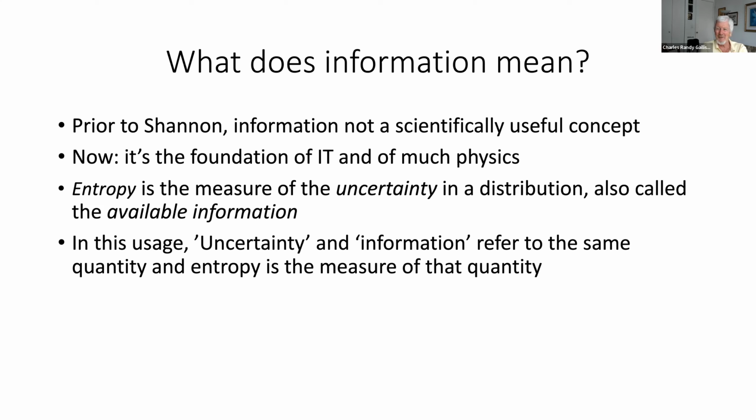Okay, so already you say, well, wait a second. I think intuitively, uncertainty is more or less the opposite of information. If I'm well informed, I have little uncertainty, and that's right. Shannon's approach captures that intuition. But it's very important in what follows to bear in mind that uncertainty and information always refer to the same quantity, and the technical name for that quantity is entropy.